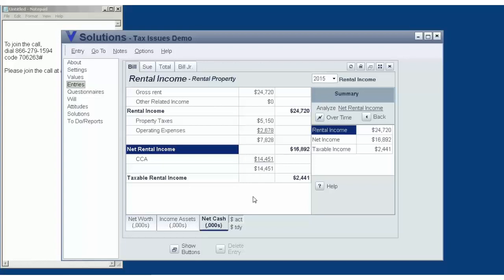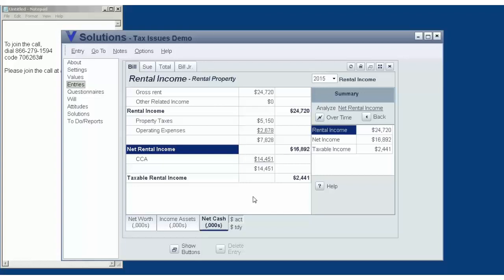So what this is saying is the actual rental income we are getting in after our direct expenses is $16,000, but the amount that we're being taxed on is only $2,400. So the $16,000 is what we get in our jeans. It's actually the cash flow we get, and then there's what the tax man is going to take, or what the taxes are going to be based on.